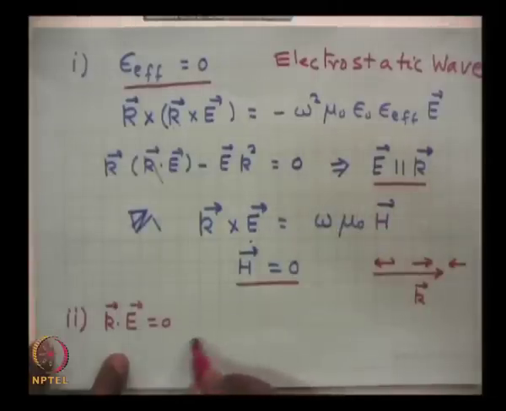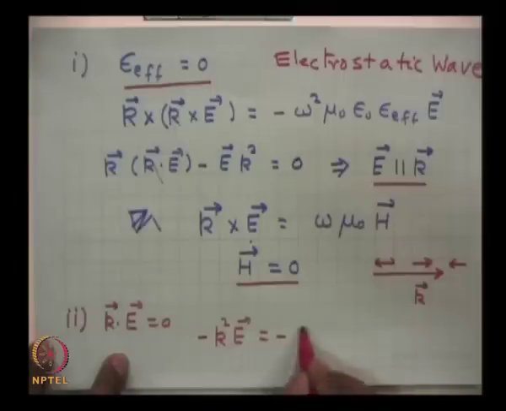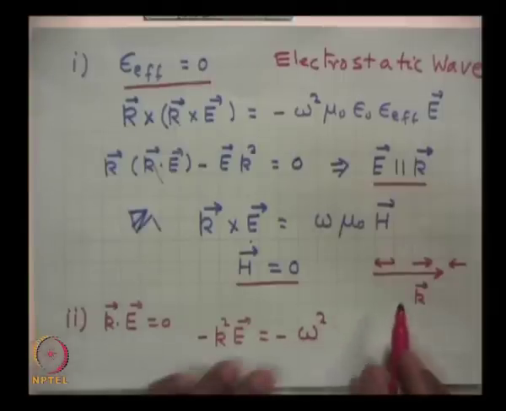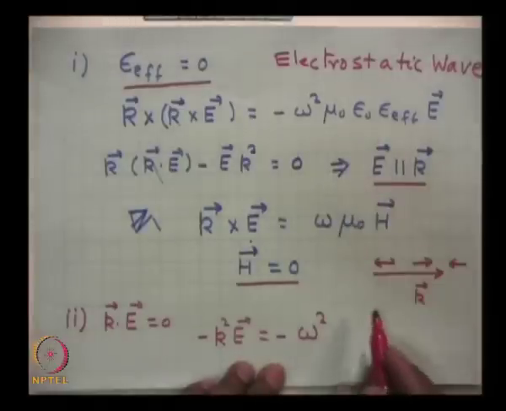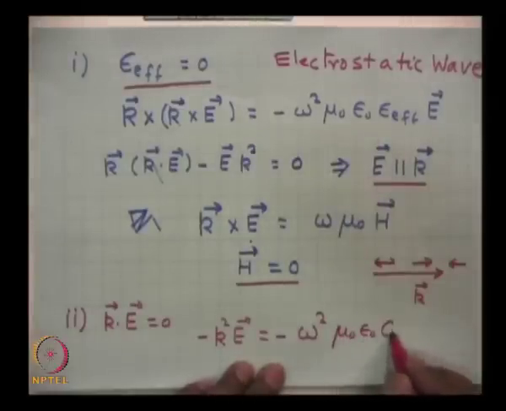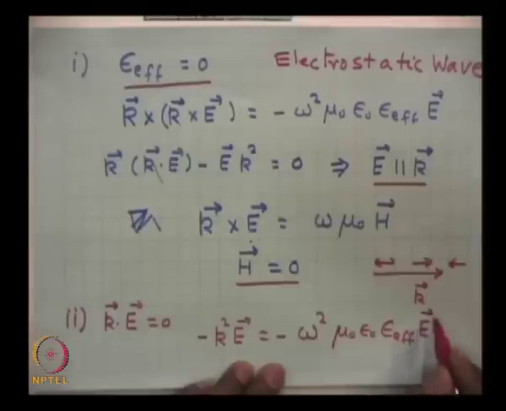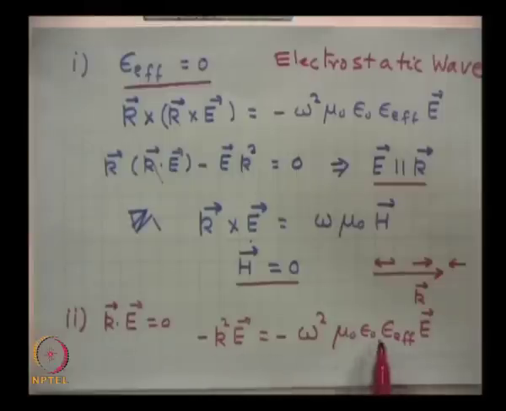So, what you get here is minus k square E is equal to minus omega square mu 0 epsilon 0 into epsilon effective into E. These waves have k given by this relation.